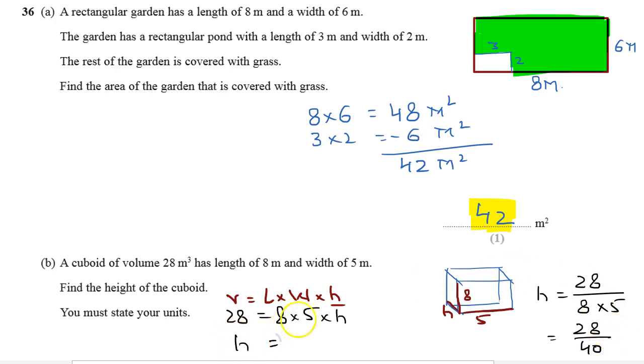So the h will be 28 over 40, which is 28 divide 40. That is 0.7. You must state your unit. Don't forget to write meters. So that is the answer.